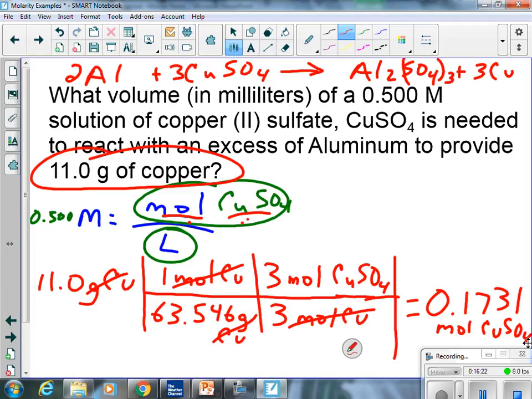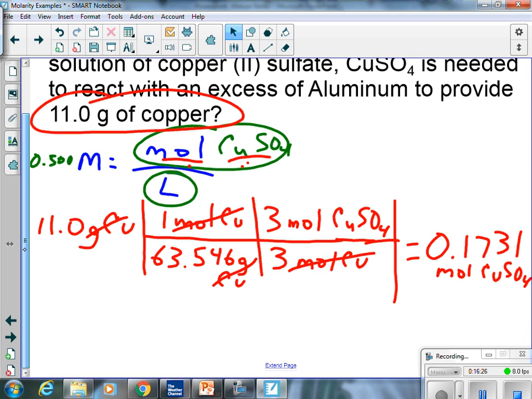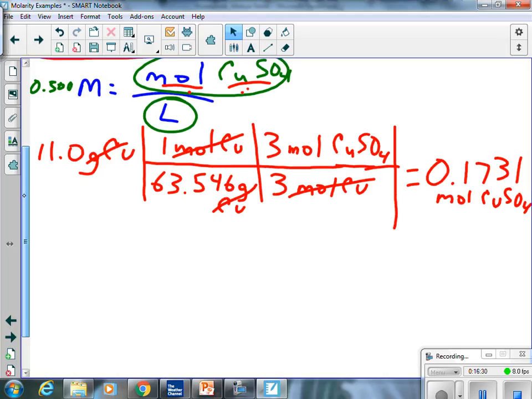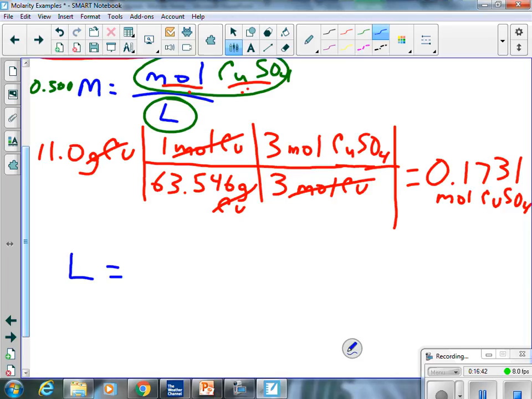Okay, now what I'm going to do, I'm just going to give myself a little bit more room. Let me extend that page a little bit. I'm looking at this right here. If I manipulate my equation, once again, I know that liters is equal to the moles over the molarity, correct?